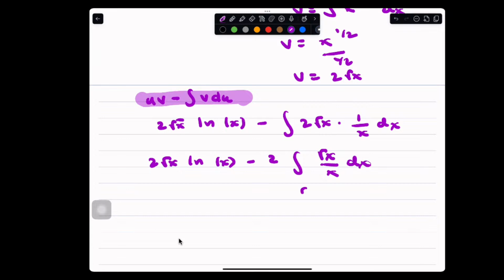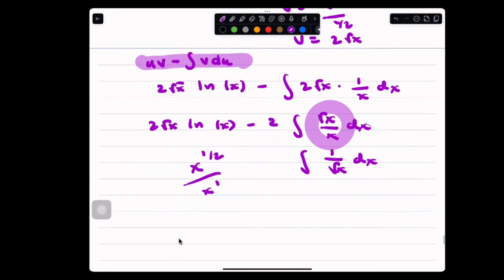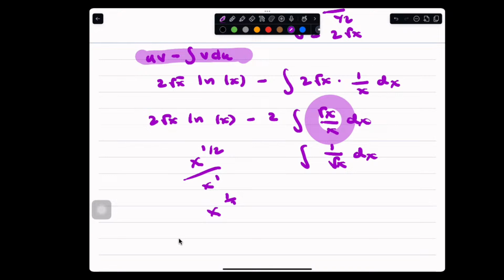Just to remark, this integral is going to be 1 over the square root of x dx. Now, if you want to see the algebra, properties of exponents: x to the 1/2 over x to the first power is x to the 1/2 minus 1, or x to the 1/2 minus 2/2.